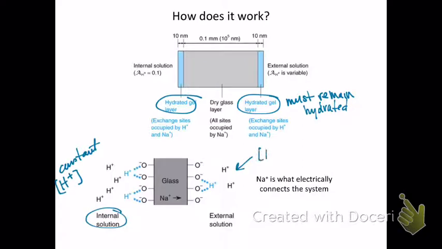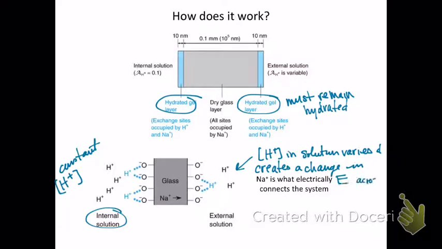And then we can see in the illustration below that on the surface of that glass we have O- sites, because again this is silica, this is a glass material, so SiO2. So there's plenty of oxides on the surface of the glass. Those oxides interact with the H+, they bind that H+, and we can see that on the internal solution that'll be fairly constant.